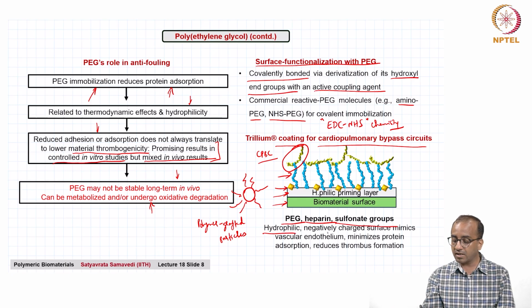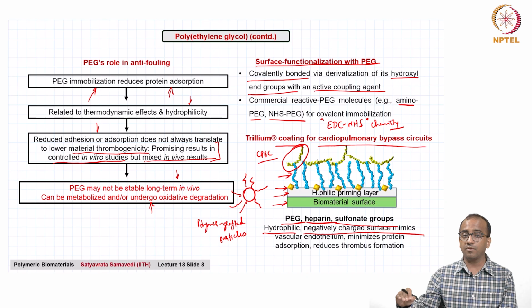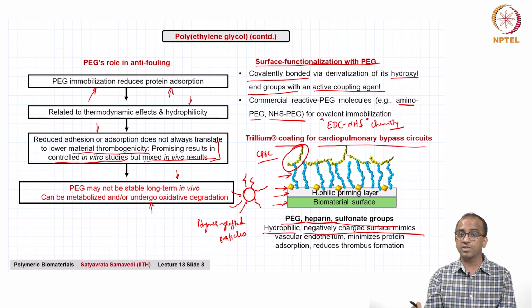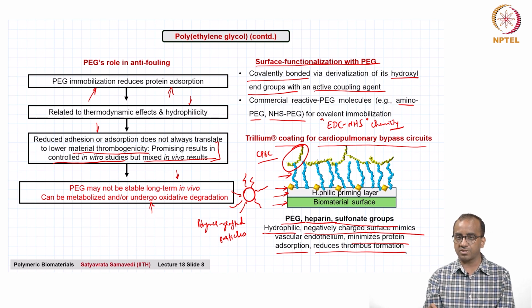This hydrophilic, negatively charged surface mimics the vascular endothelium, which is the natural inner lining of blood vessels which prevents thrombosis. So, this kind of functionalization minimizes protein adsorption and reduces thrombus formation, which is a very critical function during the use of this cardiopulmonary bypass.